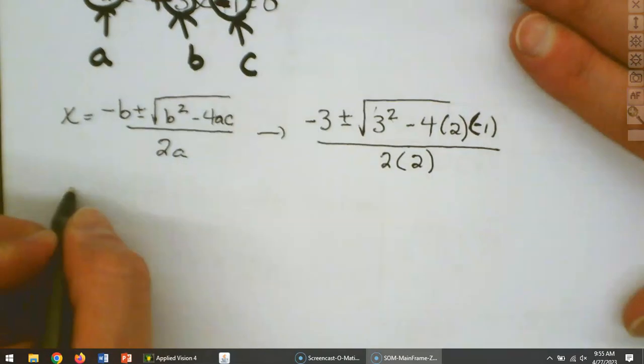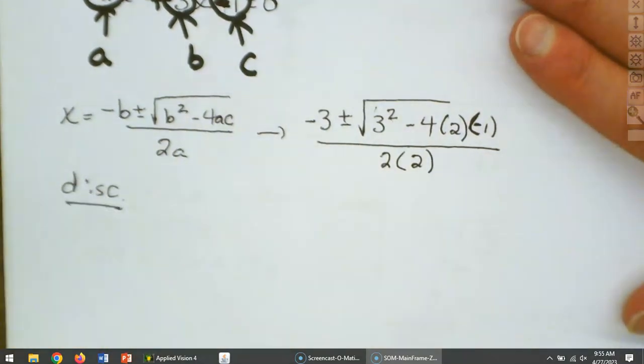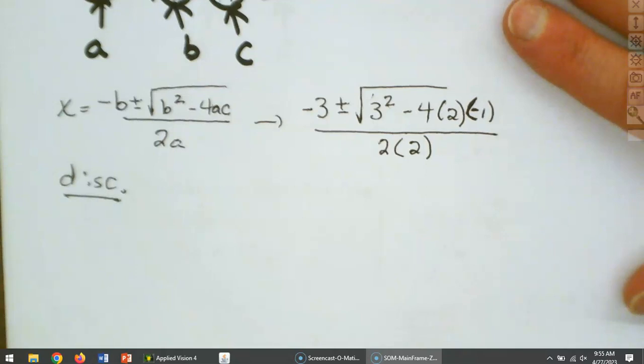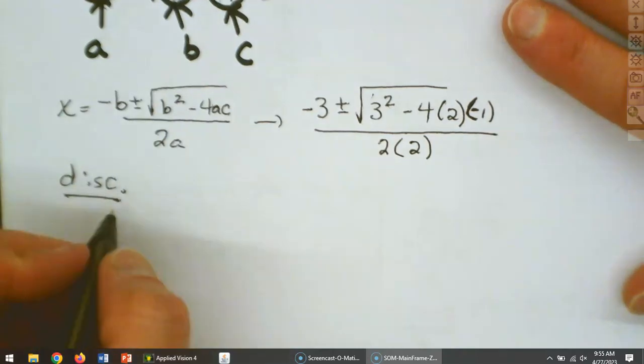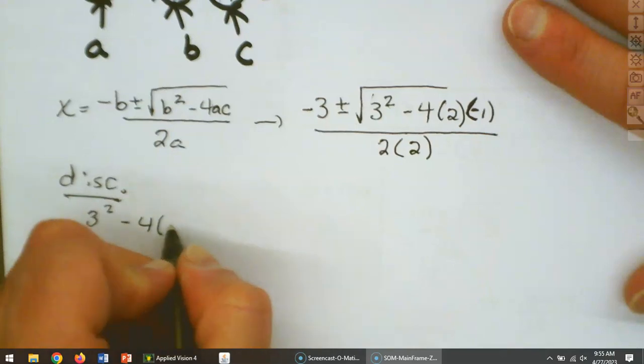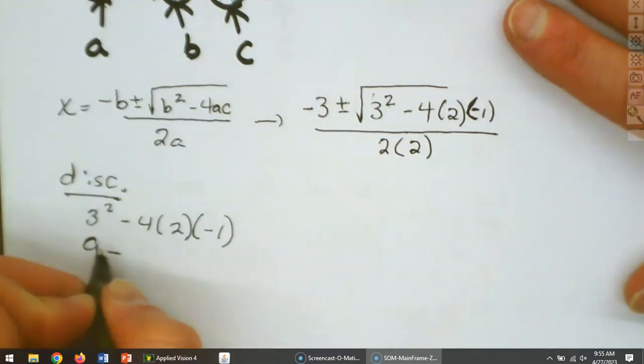Now we do our discriminant separately. A lot of times, I just abbreviate the discriminant, DISC. That's going to be our discriminant. And all that is what's underneath our root. So we've got 3 squared minus 4 times 2 times a negative 1. So that's 9.